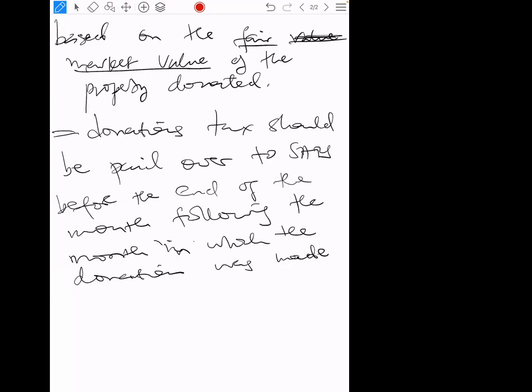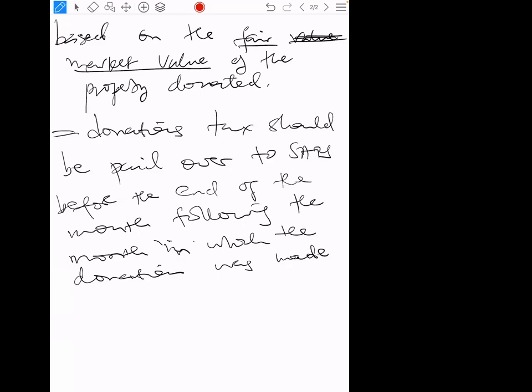In the exam, they would have told you the month that the person donated, right? So if you simply say, we said the donation tax should be paid over to SARS before the end of the month following the month in which the donation was made, you get a zero, because the marker told you when the donation was made, and you know the month that comes after that particular month.